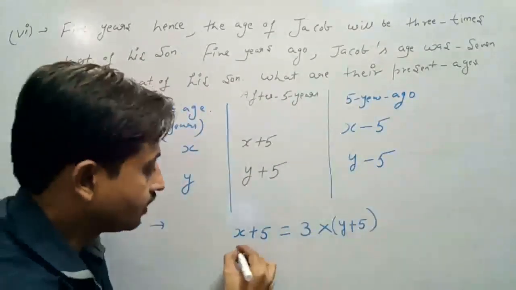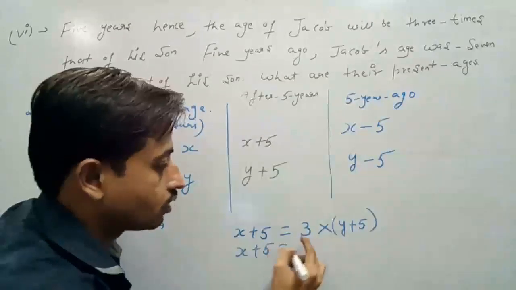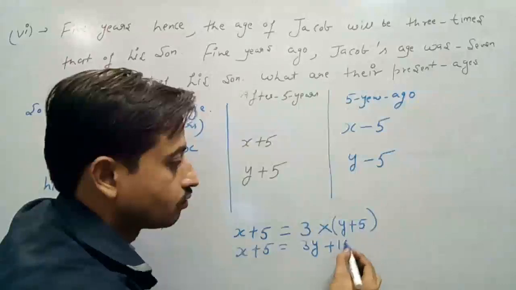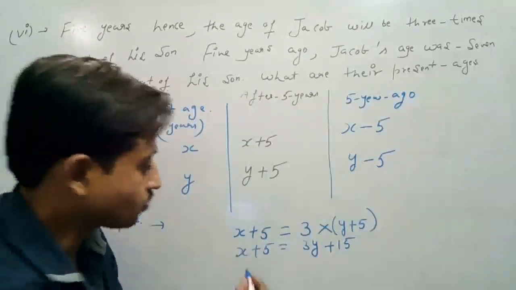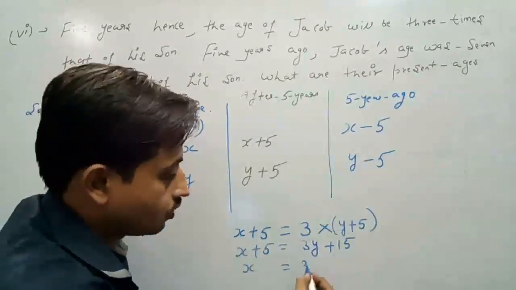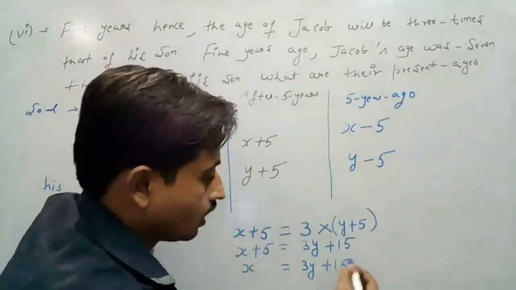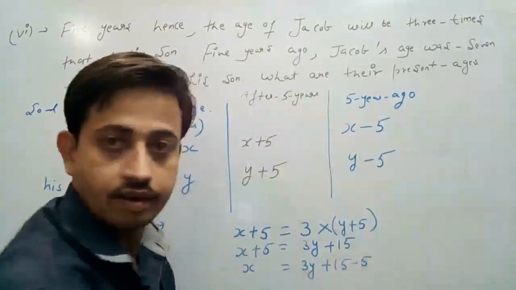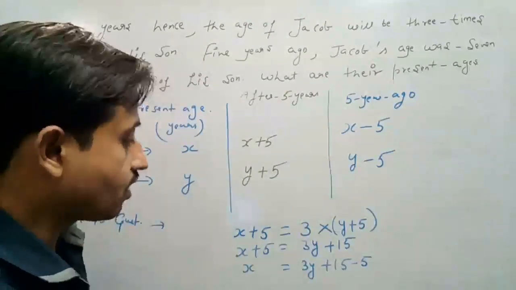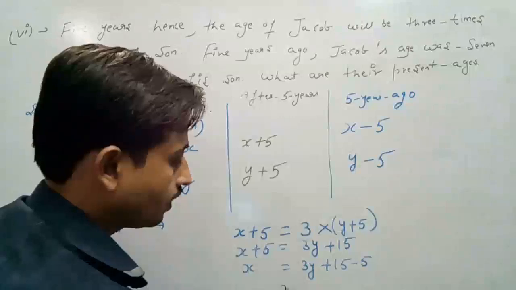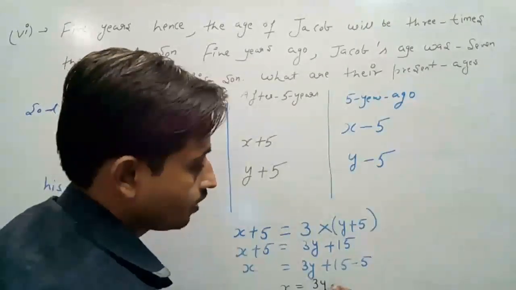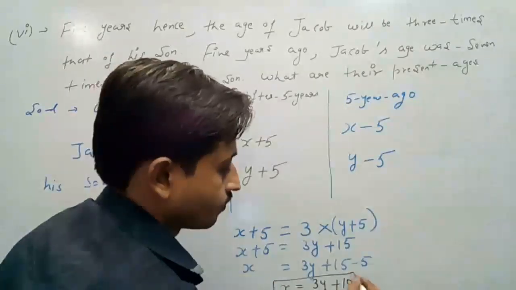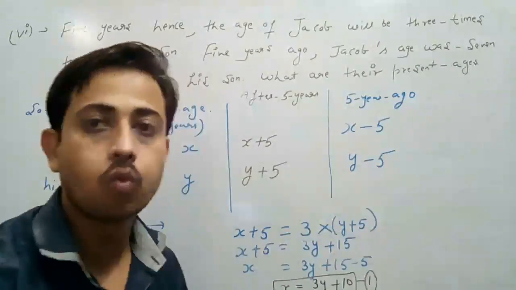Now simplify. x plus 5 is equal to 3 into y, we get 3y, 3 into 5, 15. Now simply solve. x is equal to 3y plus 15. I am going to take this 5 to the right hand side. This becomes negative 5. So what is the value of x? x is equal to 3y plus 15 minus 5, 10. This is our equation first.